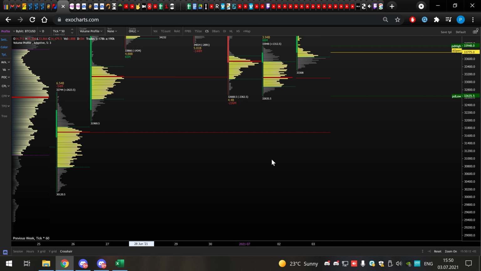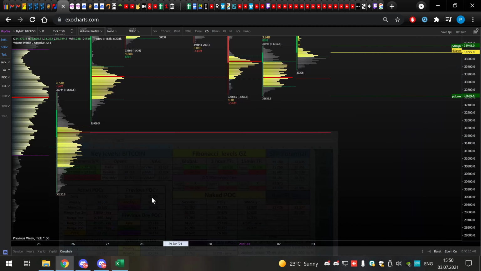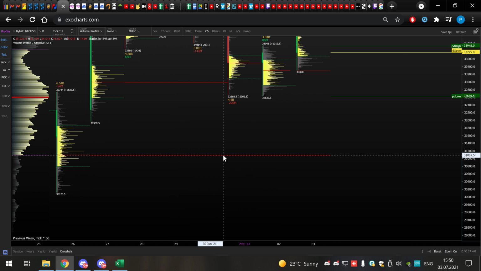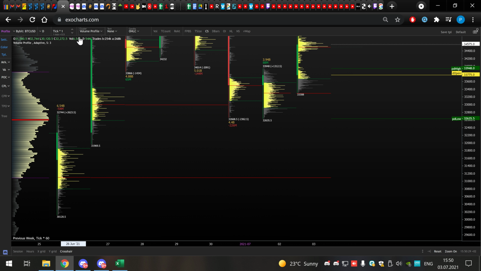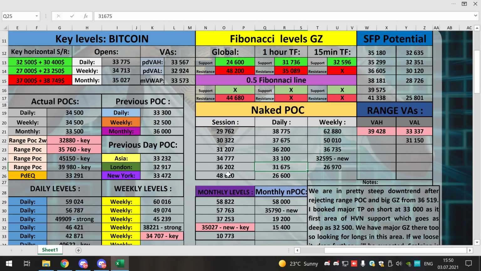I will mark 675. Sometimes when you want to see the exact point of it, you need to change tick to 1. It's much lower, okay, but we'll keep the tick a bit higher.